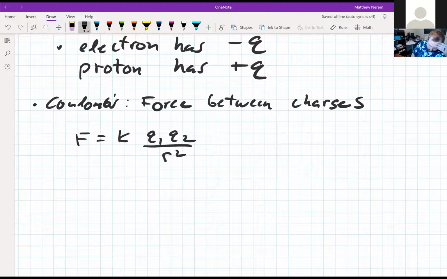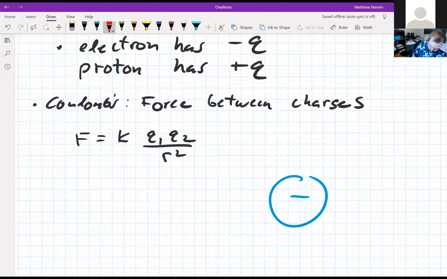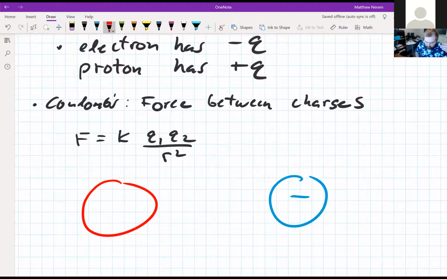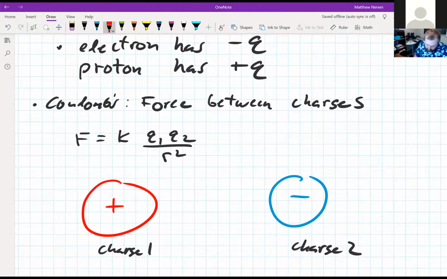Let's put some pictures to this. Let's say I've got a minus charge here and a positive charge here, right? This will be an example of an attractive force. I call this charge 1, charge 2, just for the notation scheme.